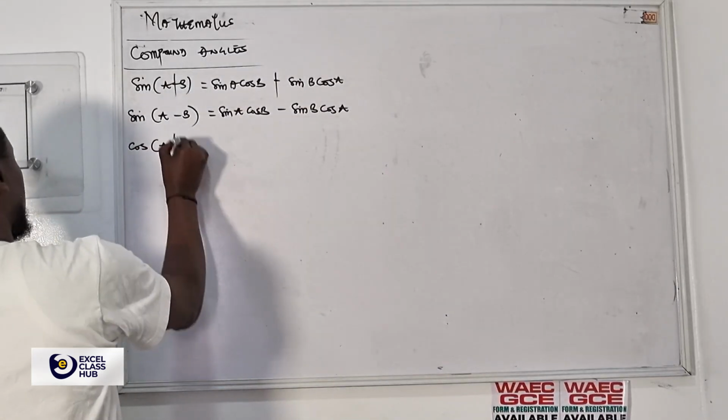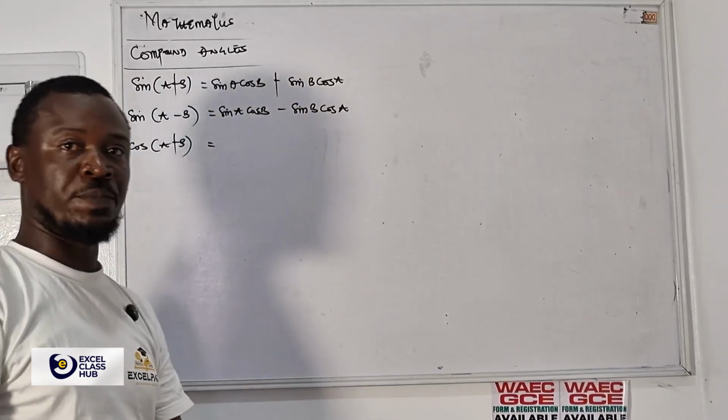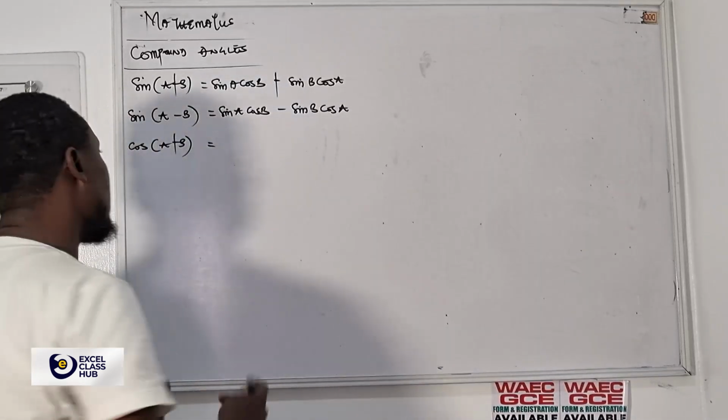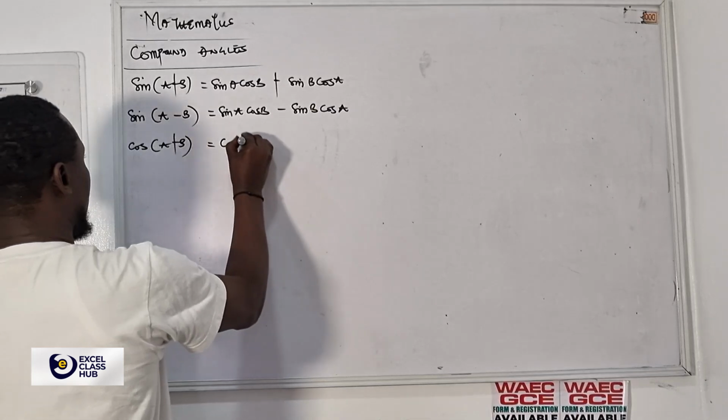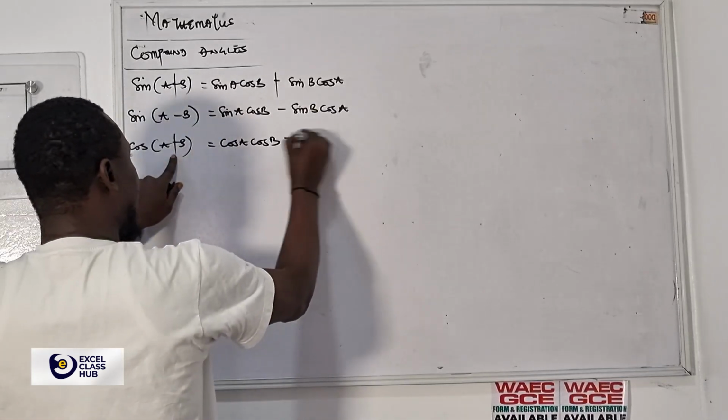Aside from sine, let's take a look at cos. Cos A plus B. If I'm expanding, cos A cos B will stand alone. That means I have cos A cos B, but this positive sign will now change to negative.